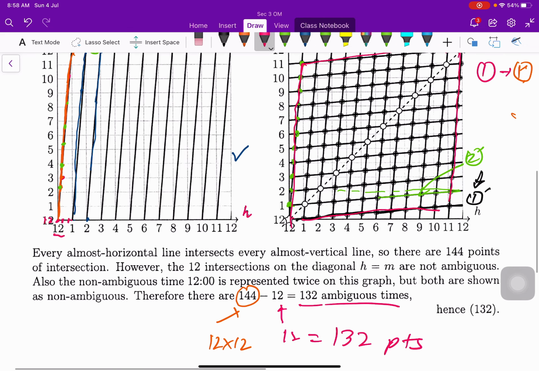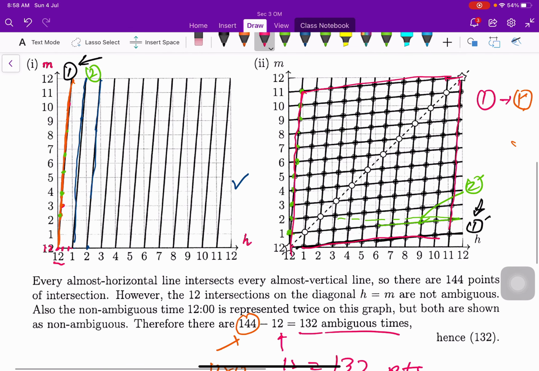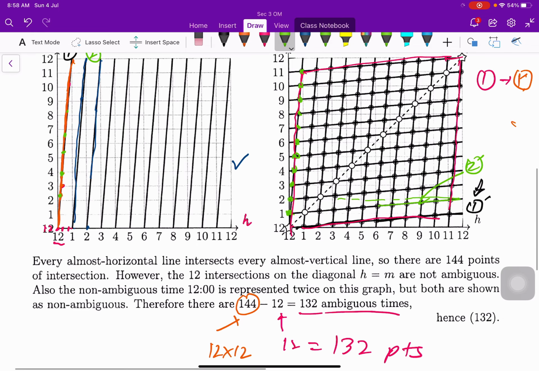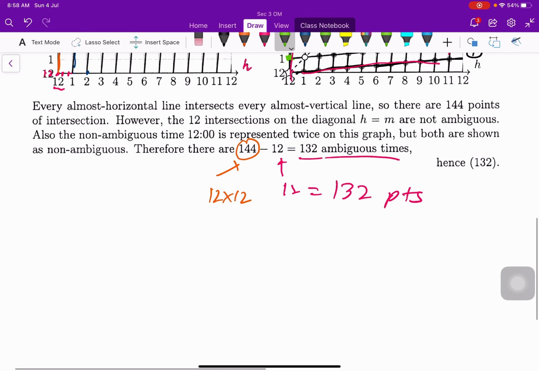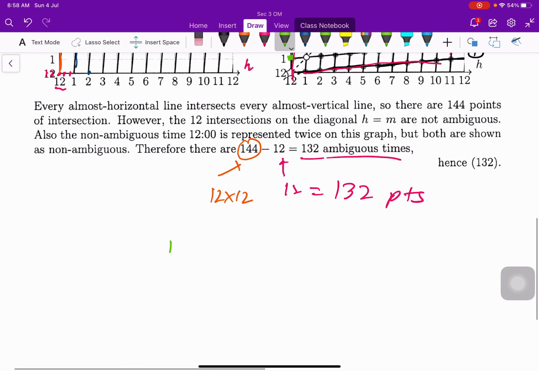Or another way of thinking is that when I show you these 11 ambiguous points, 1, 2, 3, 4, 5, 6, 7, 8, 9, 10, 11, right? That means from 12 to 1 o'clock, there are 11 ambiguous points. But there are 12 hours, right? Therefore, it's 12 multiplied by 11. And that is actually 132 also.